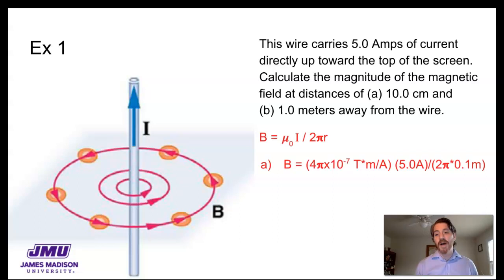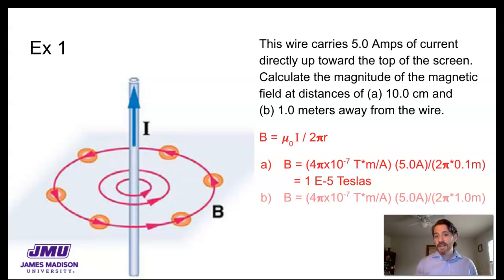Notice this 4 pi in the numerator and a 2 pi in the denominator, which does make this a little bit reasonable to calculate. If you didn't have a calculator, you could still do this by hand without having to worry about how many decimal places out to take pi. I get that this comes out to 1 times 10 to the minus 5th teslas is the strength of the magnetic field at 10 centimeters.